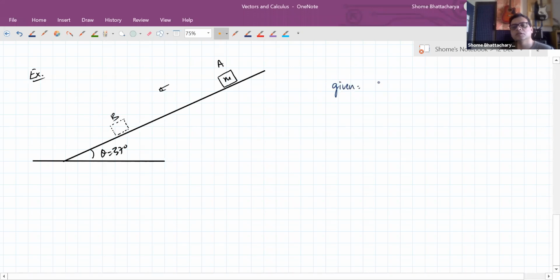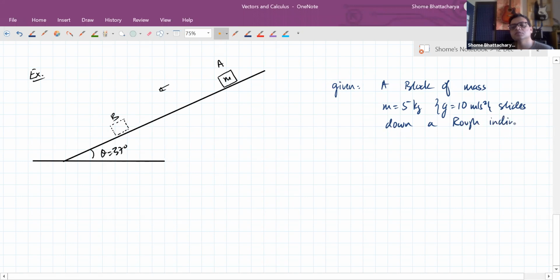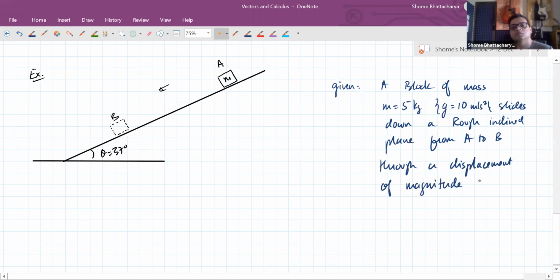So given that a block of mass m equal to 5 kilograms, okay, take the value of acceleration due to gravity as 10 meters per second square, slides down a rough inclined plane from A to B, okay, through a displacement of magnitude, say 20 meters.